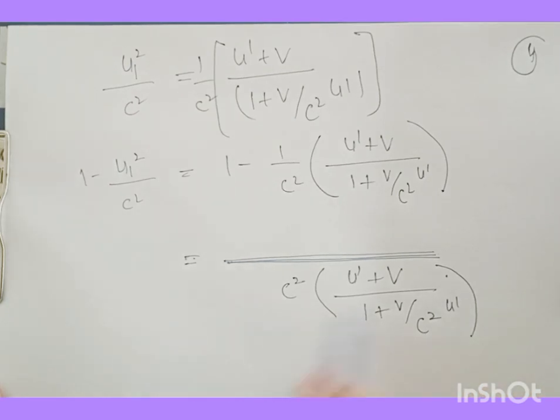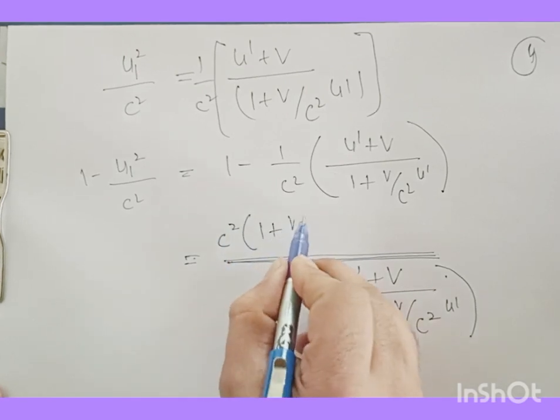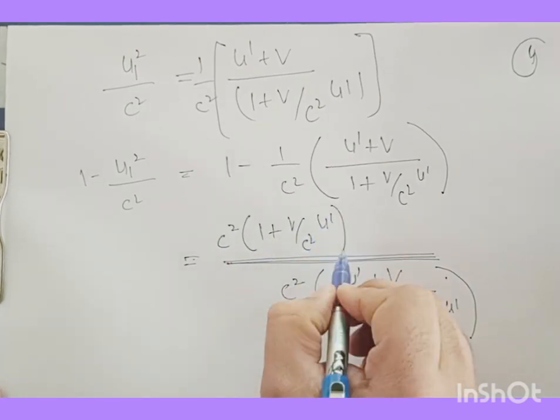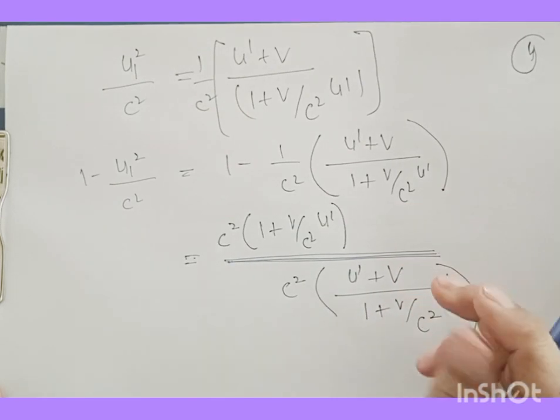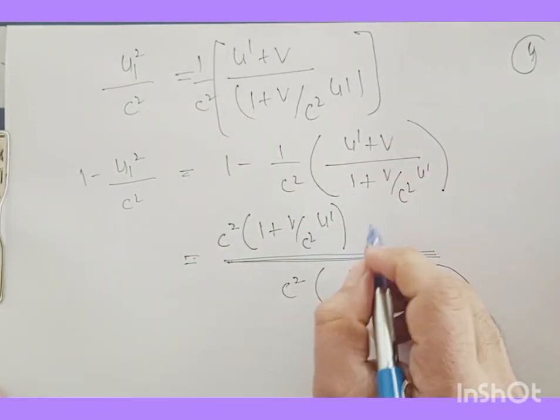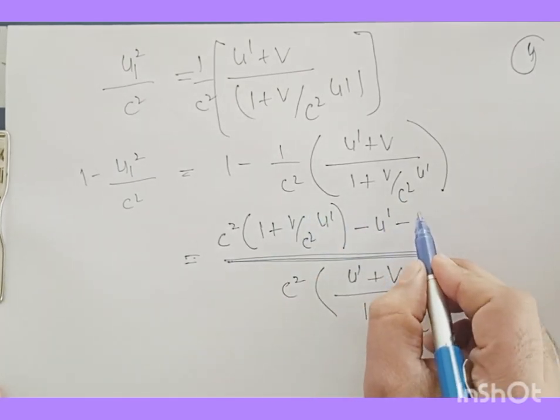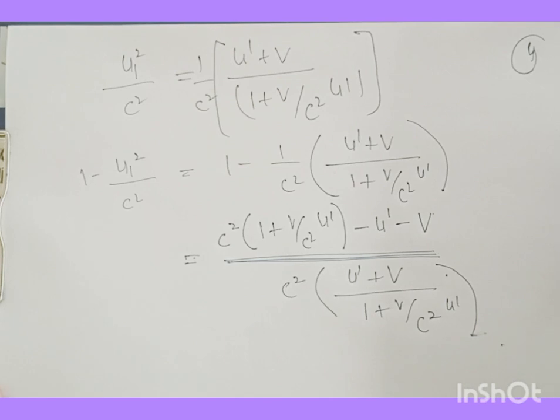That's it. So we would like to multiply this with this 1. So what I'll get is c square times 1 plus v by c square u dash, and 1 times this will give me minus u dash and minus v. That should be the case, right?